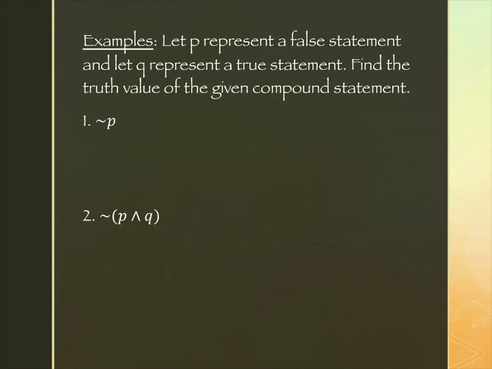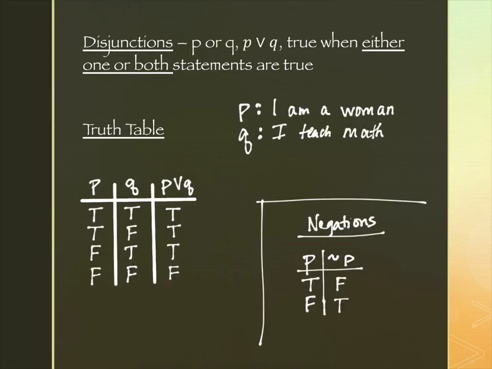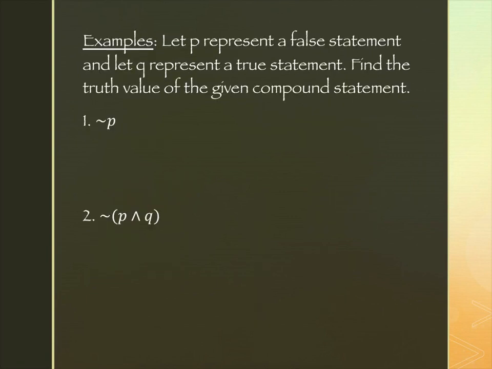Okay, what's happening on the next couple is a little bit different than creating a whole truth table. This one says, let P represent a false statement and Q represents a true statement. So if you're thinking about these tables, it says P is false and Q is true. You're in this category right here. It's telling you I'm on this line of the truth table. All the rest of the truth table doesn't matter, because they told me that P is false and Q is true.